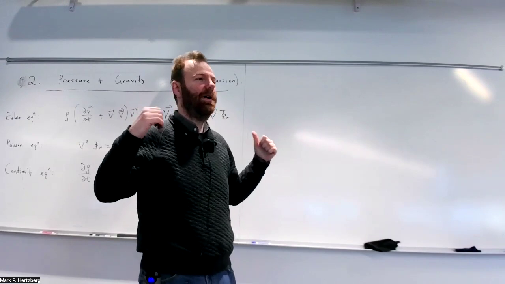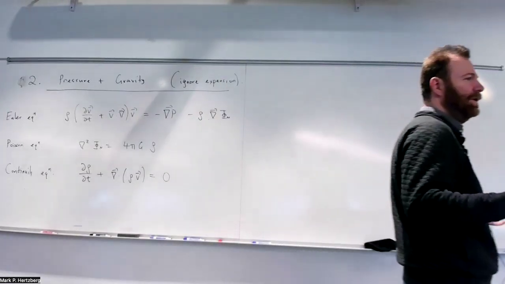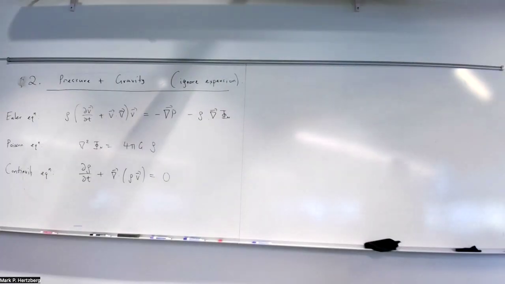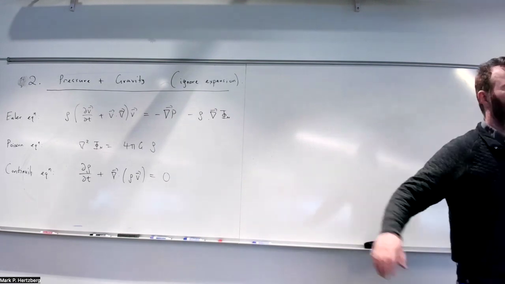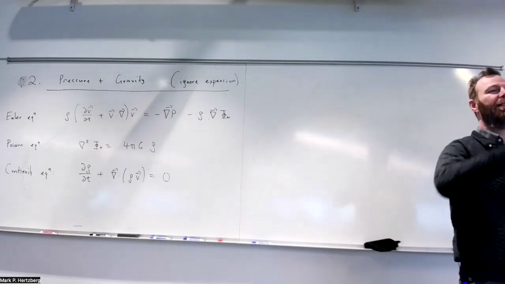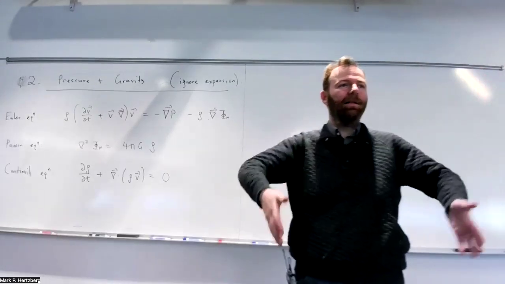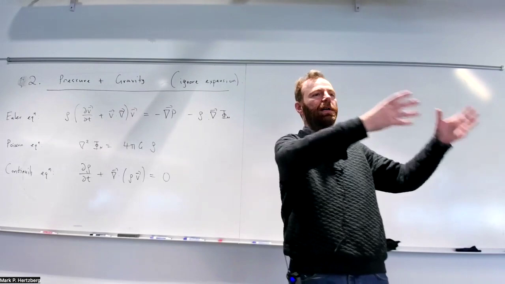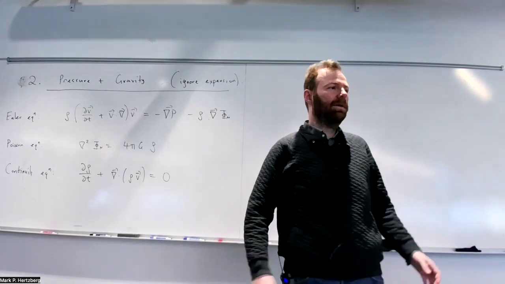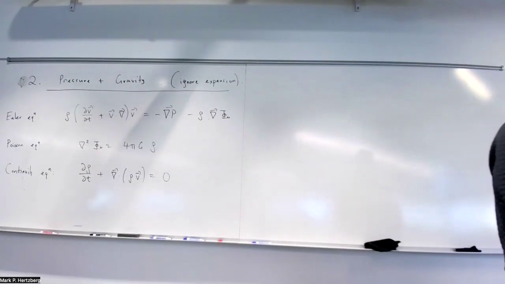So I do not have a constant static background about which I can expand. So we are just going to ignore that and worry about the background in the next class. We'll pretend that somehow the background equations are valid, even though they're not, and jump straight to the first order equations. Is that okay? It'll give us an idea as to what's going on.